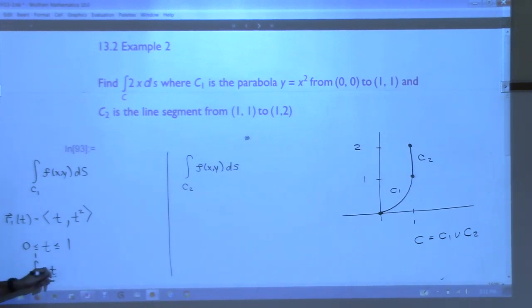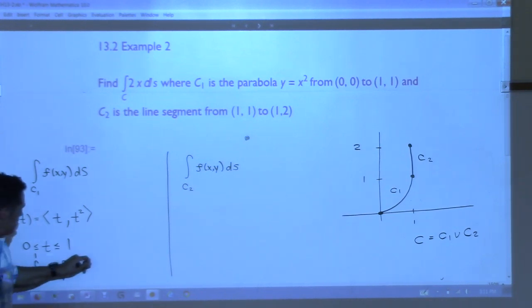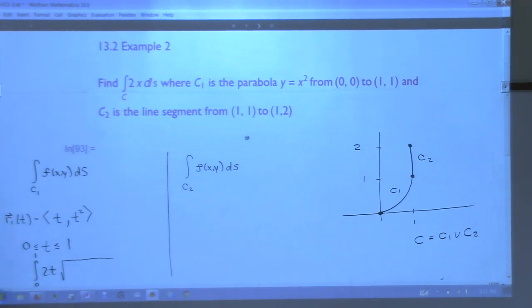What are we still missing, though? Yeah, the arc length part, right? So all this: square root of, you know which pieces go here? Yeah, it's the derivative of this with respect to t, squared.